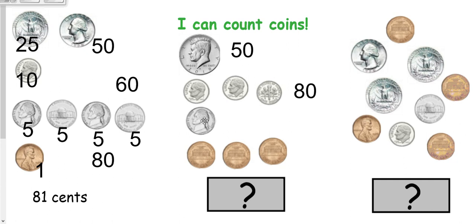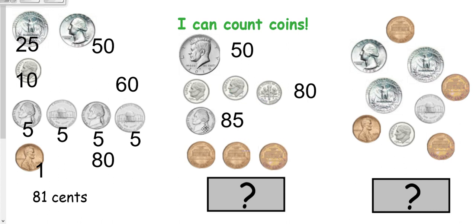Now I have to switch the way I'm counting. Now I'm going to skip count by 5. This is a nickel. We count nickels by fives. Count on with me. 80, 85. Now we have 85 cents. I'm going to change the way I'm counting again.